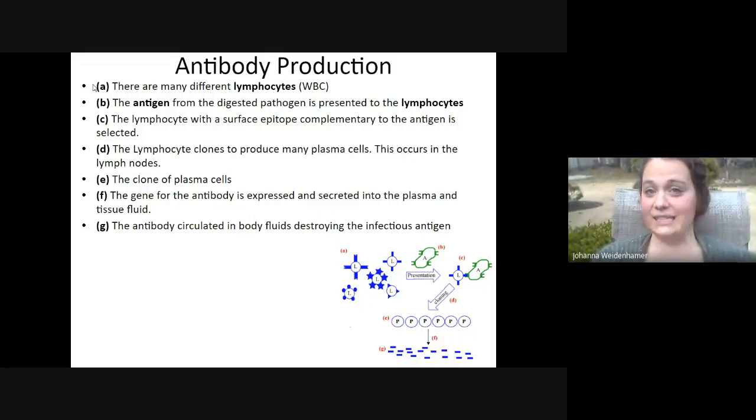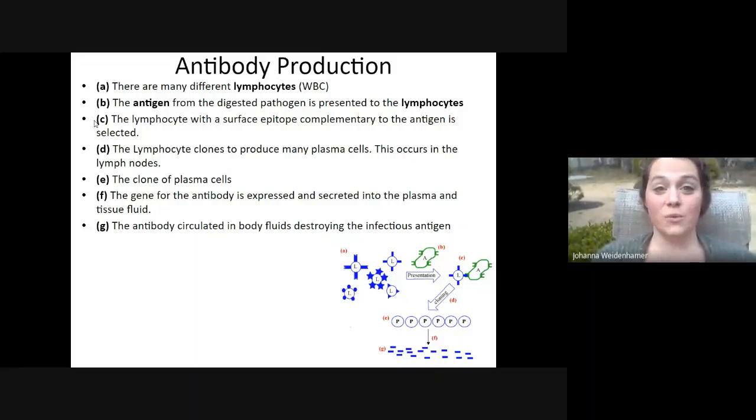We have a lot of different ones in our body, T cells, B cells, and they are going to be reproducing if there's a pathogen or intruder in the body. B, the antigen from the digested pathogen is presented to the lymphocyte. Remember how our antigen is on the cell surface or the surface of the pathogen.